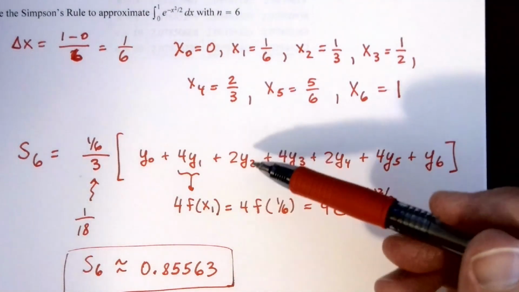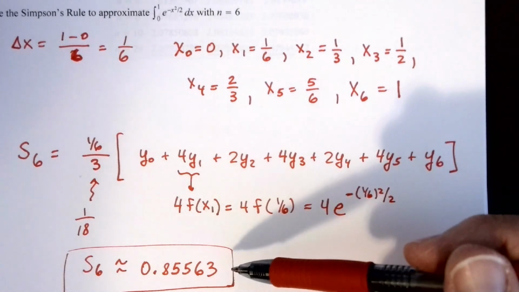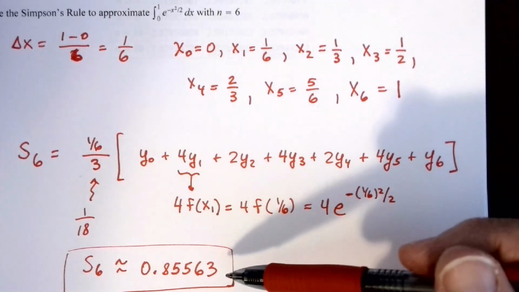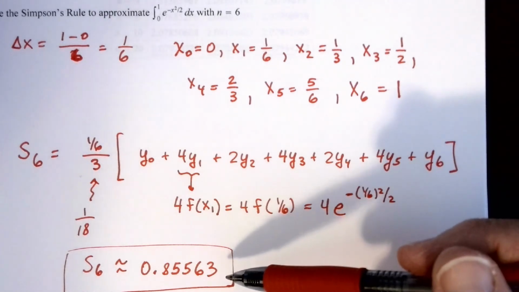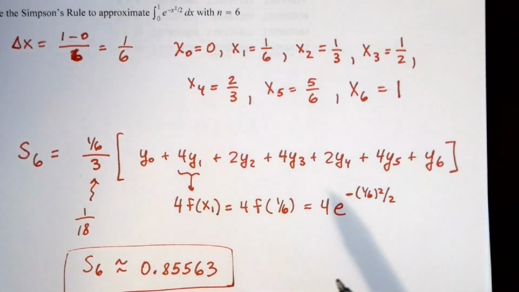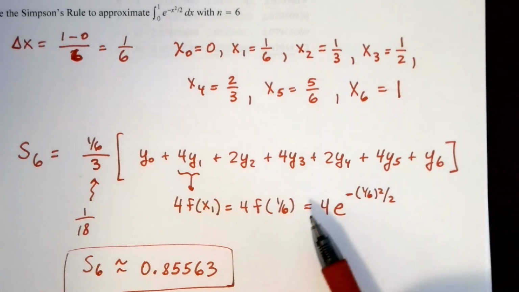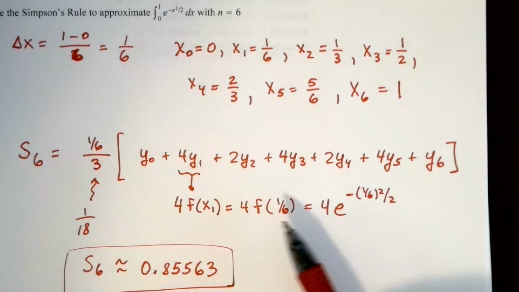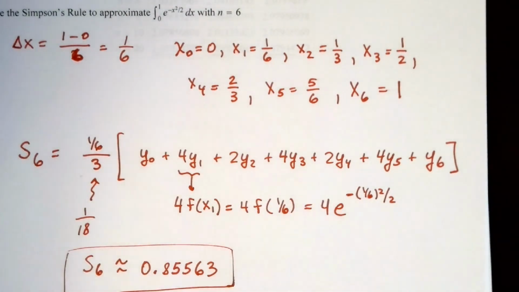The idea being that the Simpsons rule in general would generally give you a better approximation for the same number of subintervals as, say, the trapezoid rule. It's a little more computation involved in it, but as far as programming it, we've chugged through with n equals 6. It would get obviously hard if you did n equal 20, n equal 100, n equal 200. Obviously, you're not going to do that manually, but you can get a better and better approximation.